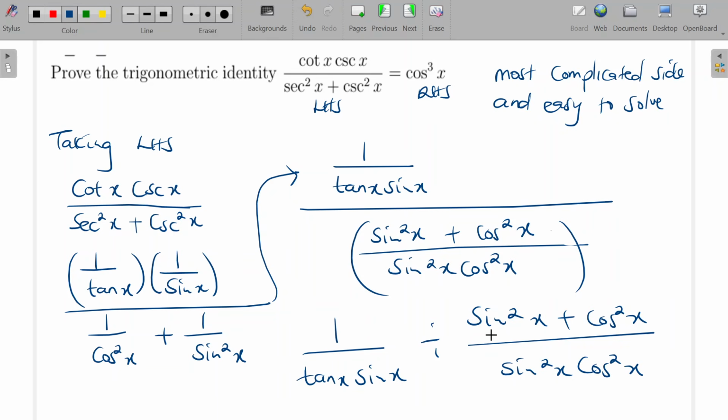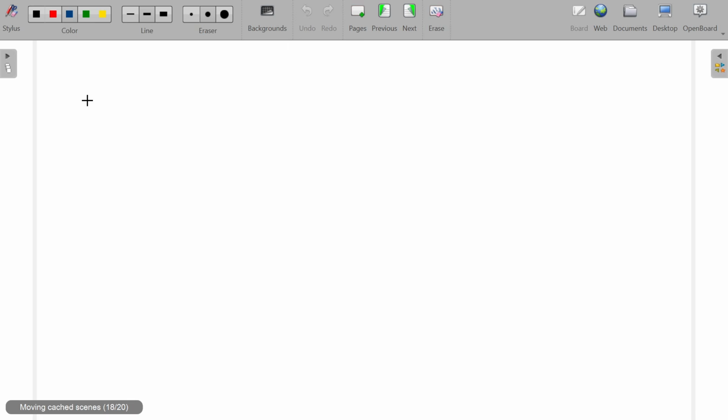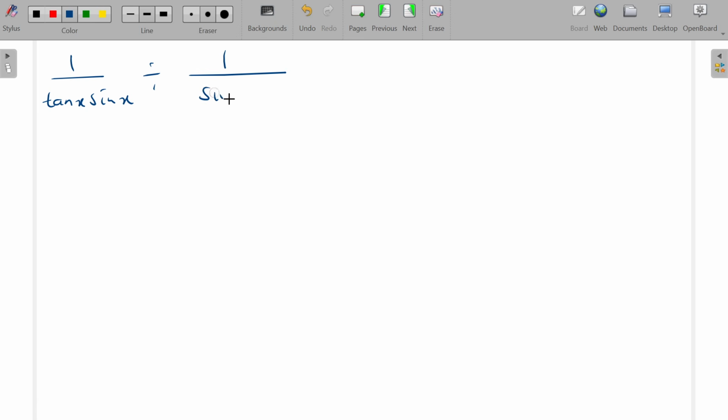After having this part, it is equivalent to 1. So this is 1 over tan x sine x, dividing with 1 over sine squared x cos squared x.